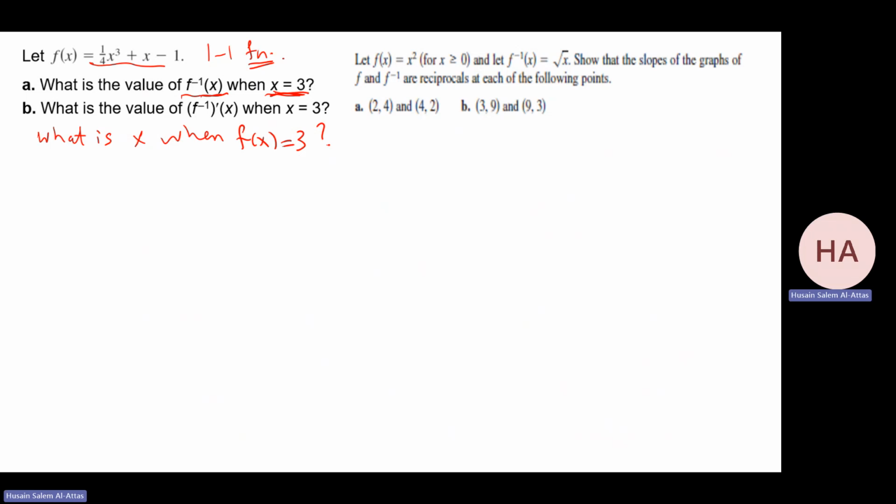The same question. If you notice, f of 2 equals 8 over 4, which is 2, plus 2 minus 1, which is 3. So by inspection, f inverse of 3 is equal to 2.